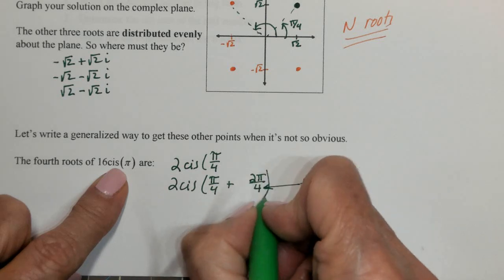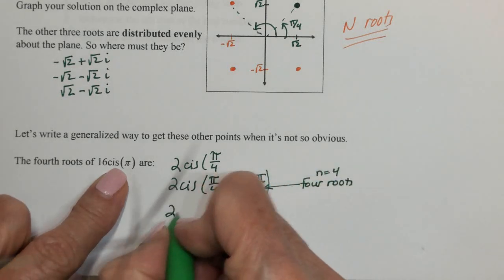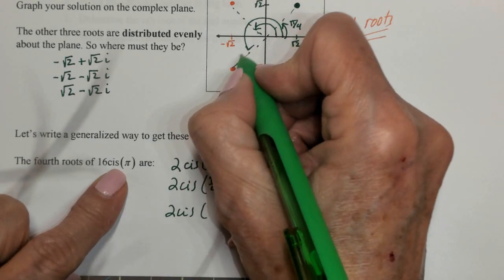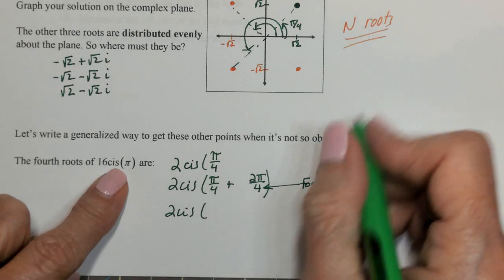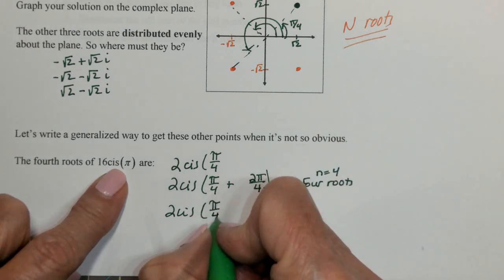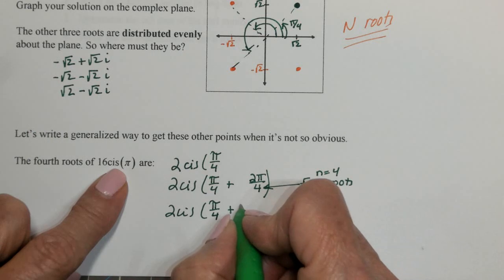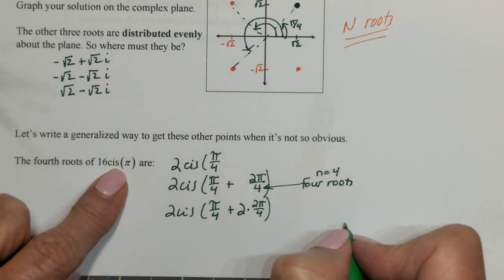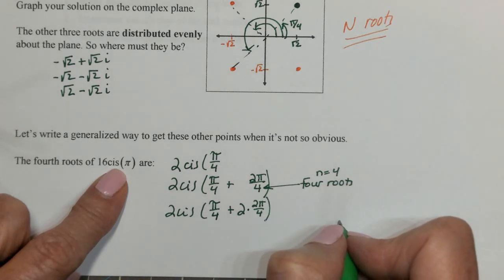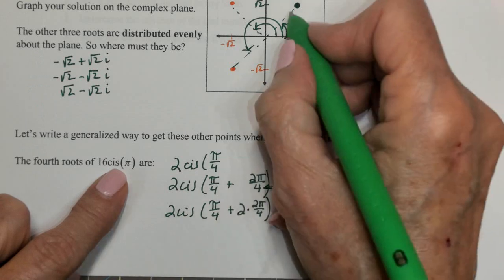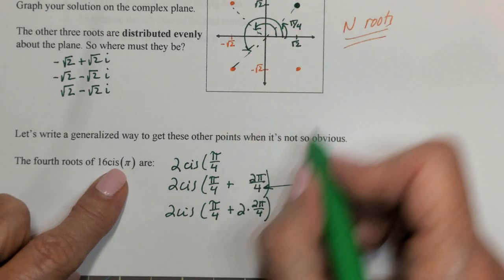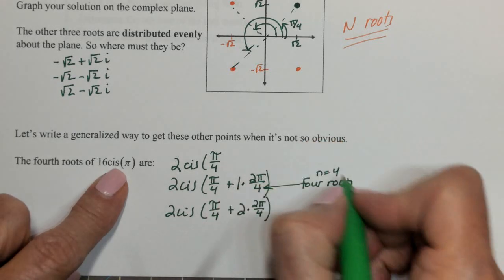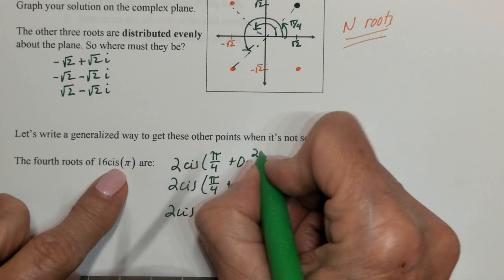My next one, I need to add another pi over 2. So I'm going to have my initial pi over 4, and I'm going to add another one. I'm adding pi over 2 each time, which is 2 pi over 4. So here I needed one of them. Here I didn't need any of them.